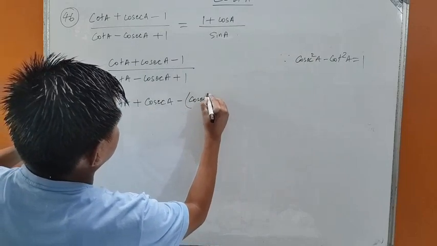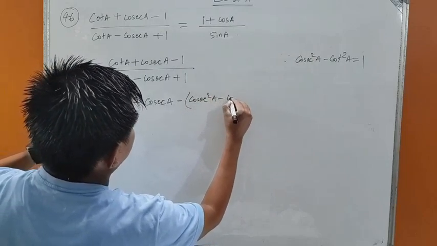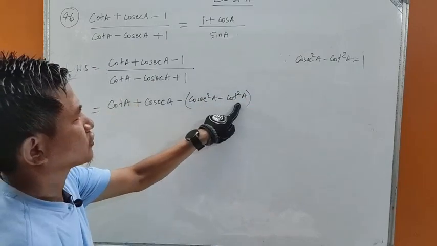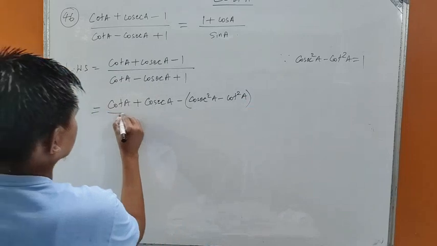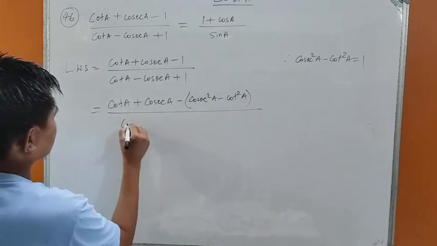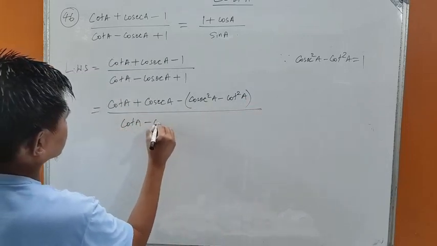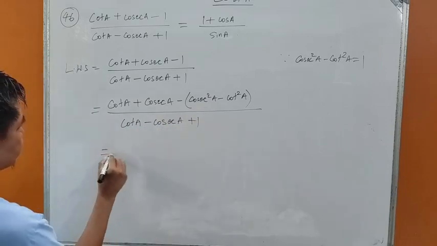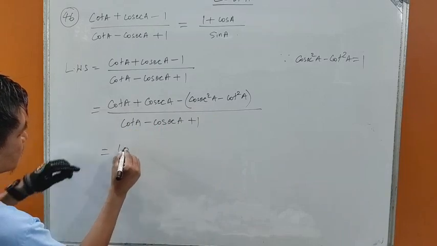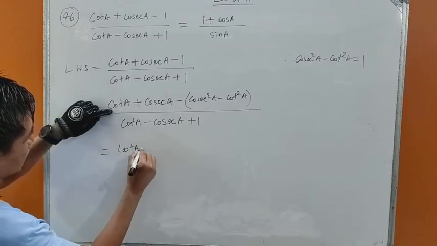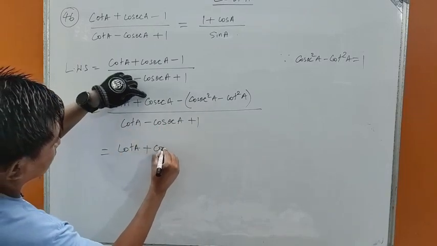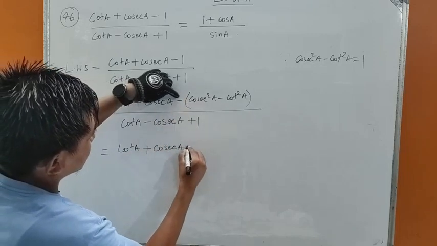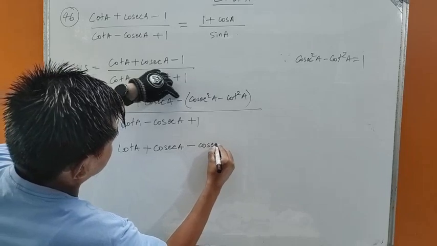So in the denominator we copy as it is, cot a minus cosec a plus 1.